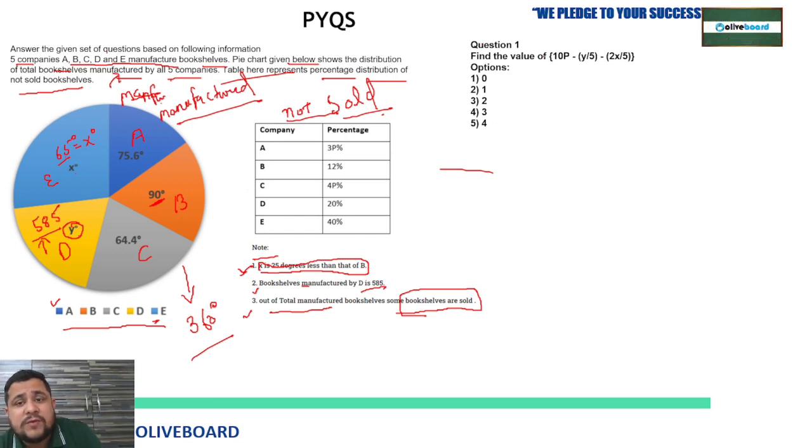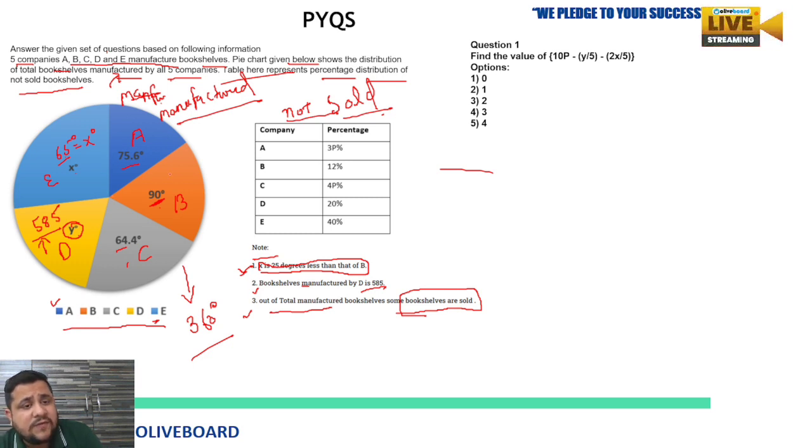Now before moving towards the question, we must know if there is any data which we can determine with the help of the given details. As you can see, this is 75.6 degree, this is 90 degree, this is 64.4 degree. Can we calculate the remaining one? Yes, it is possible.